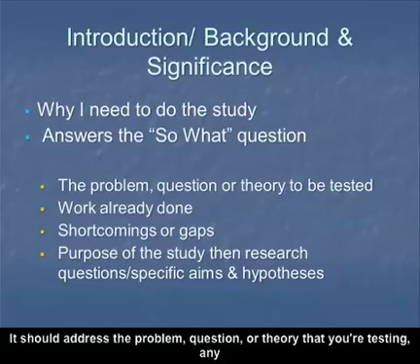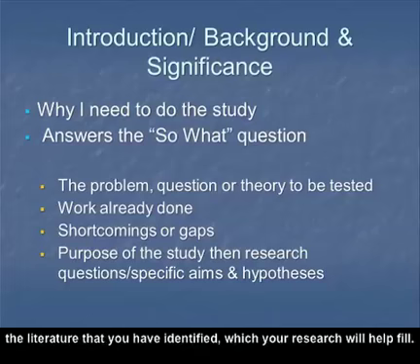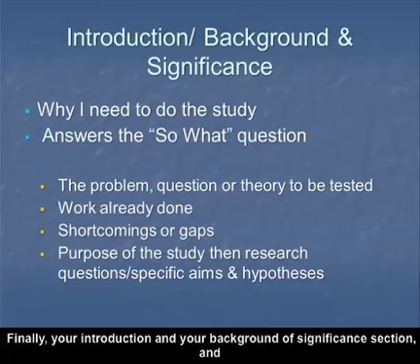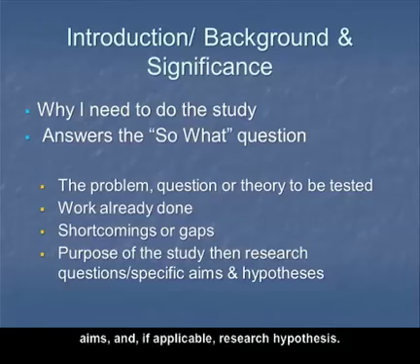And it should address the problem, question, or theory that you're testing, any work that's already been done, with specific focus on shortcomings or gaps in the literature that you have identified, which your research will help fill. And finally, your introduction and your background and significance section typically will conclude with a purpose statement and some research questions and specific aims, and if applicable, research hypothesis.